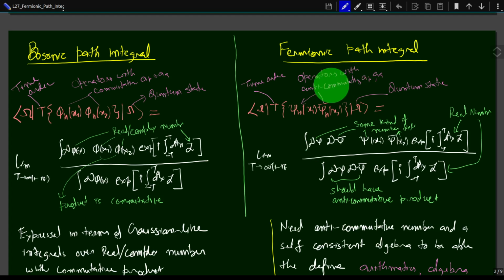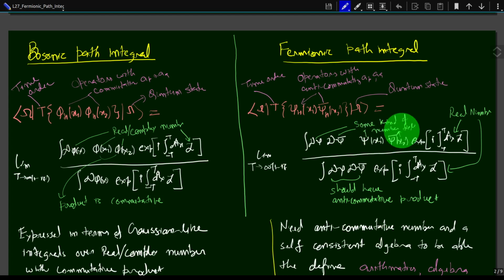But in order to emulate the anti-commutation properties of AP's and AQ's, what I need is that this psi x1 and psi bar x2 have to be numbers, much like complex and real numbers, but with special properties. They should be anti-commuting numbers, such that A times B is minus B times A. Usually this happens with matrices and operators, but I need that for numbers.